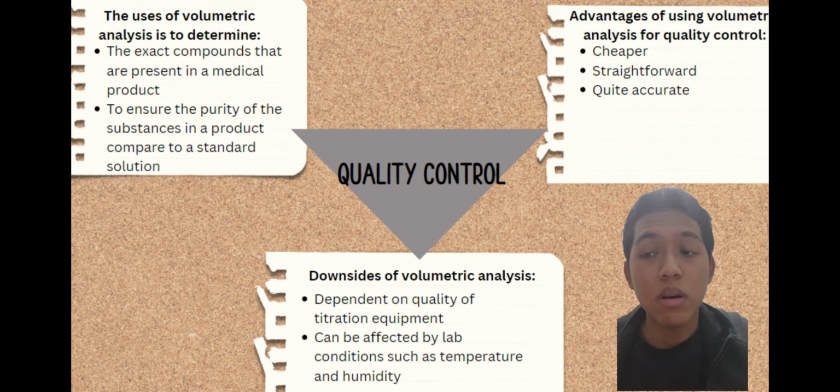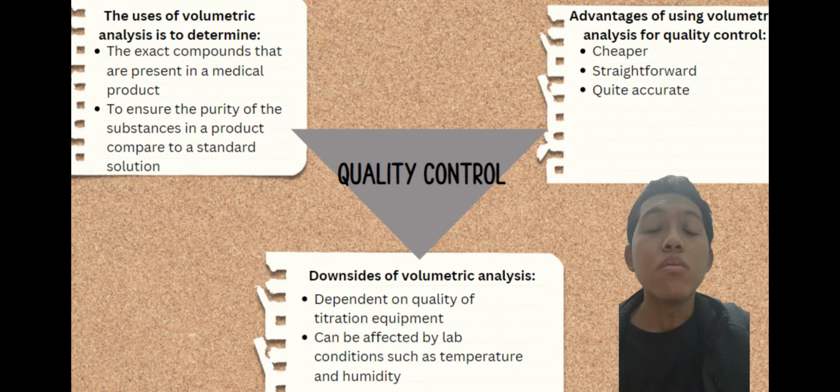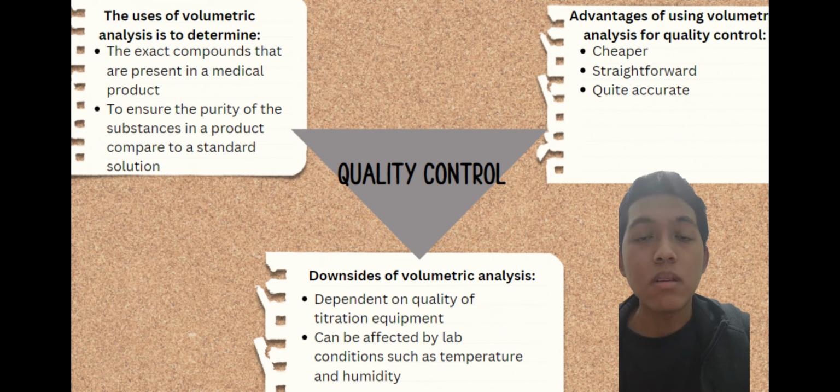As a cherry on top, it is also relatively accurate, which is preferred in a quality control analysis. Regardless of the uncontrollable factors, it is still very important for scientists to be as thorough and as disciplined as possible during the analysis of pharmaceutical products to ensure the best possible quality.